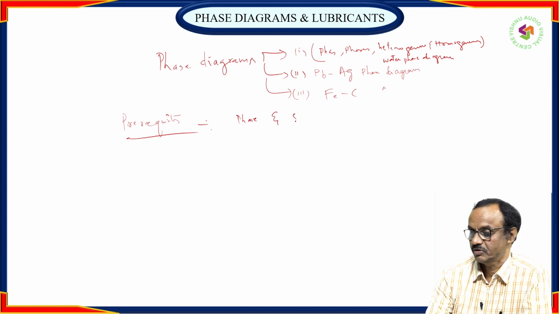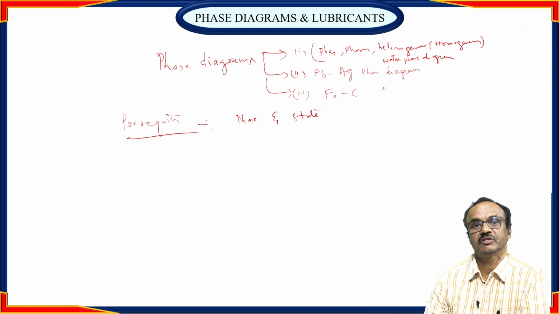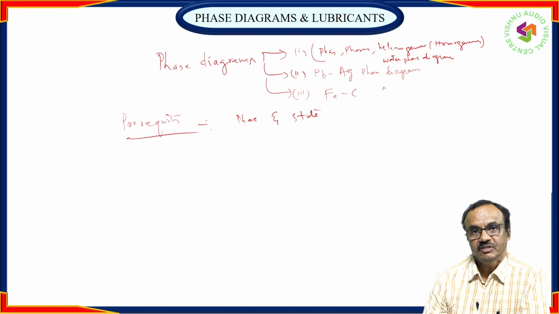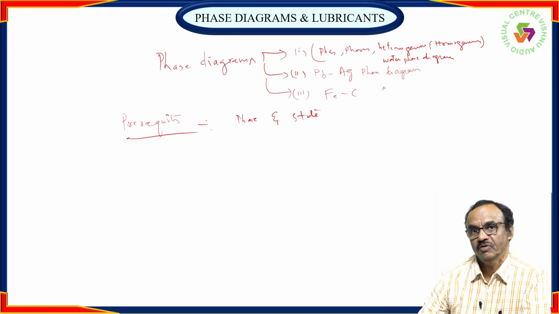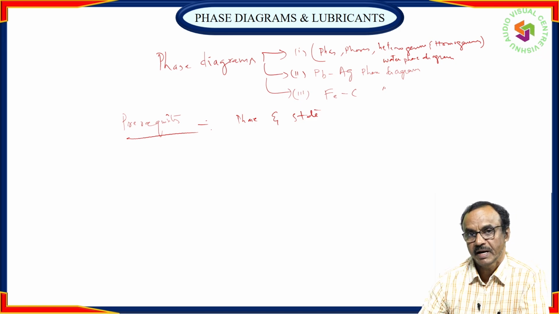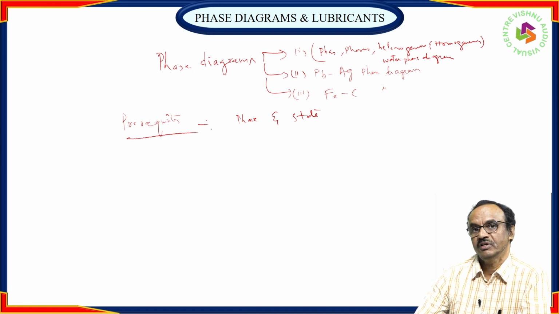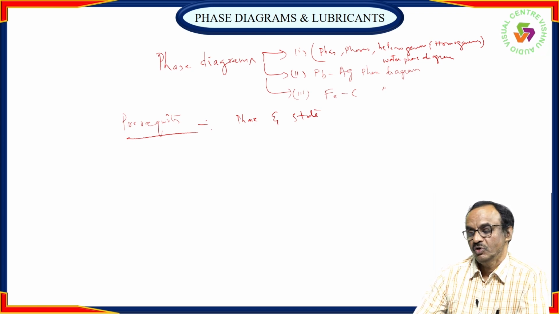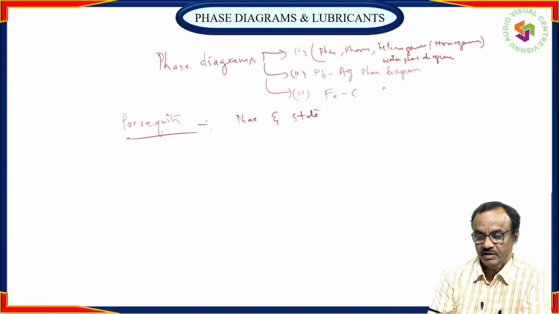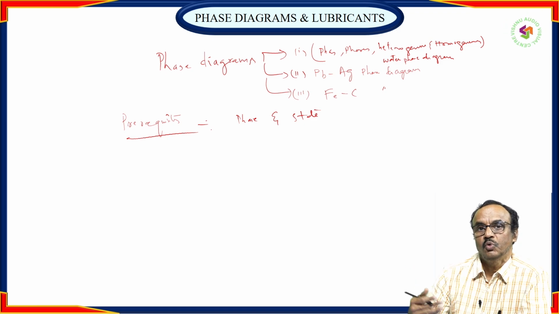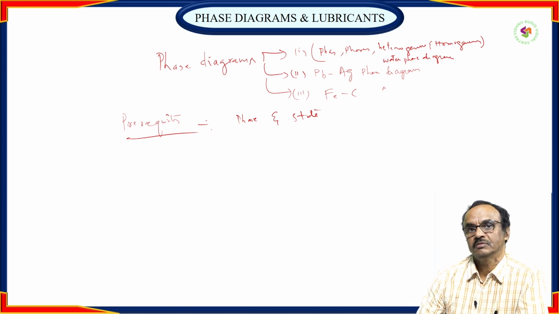Phase and state. State: gaseous state, liquid state, physical form. To express the physical form of any matter, we use state. If it is an open system, unlimited, all components are allowed to escape. For example, the ocean: during daytime, in presence of sunlight, water vaporizes.